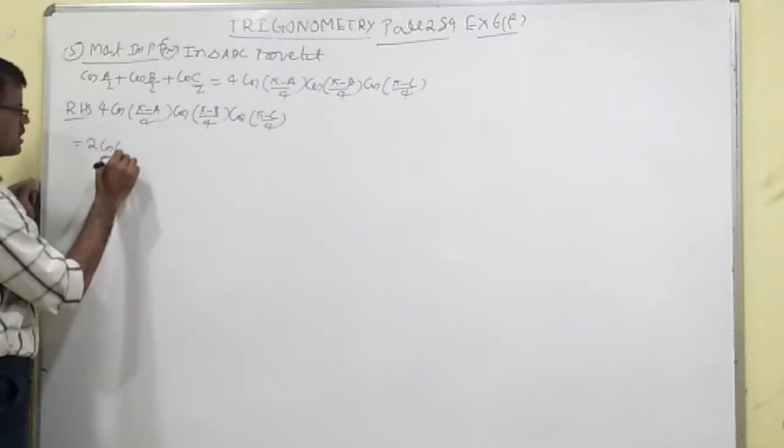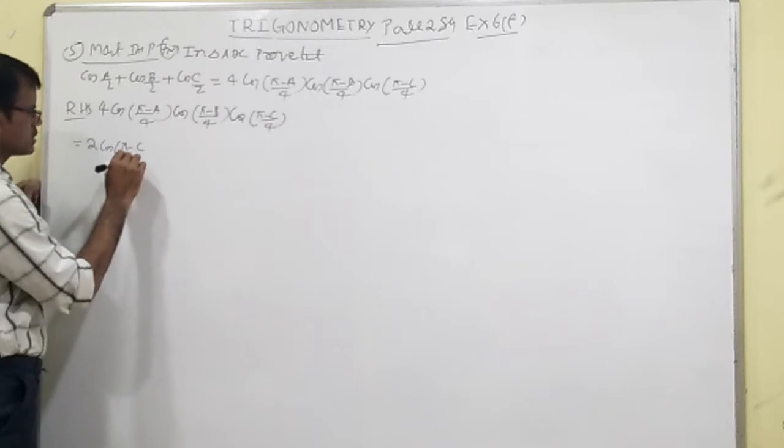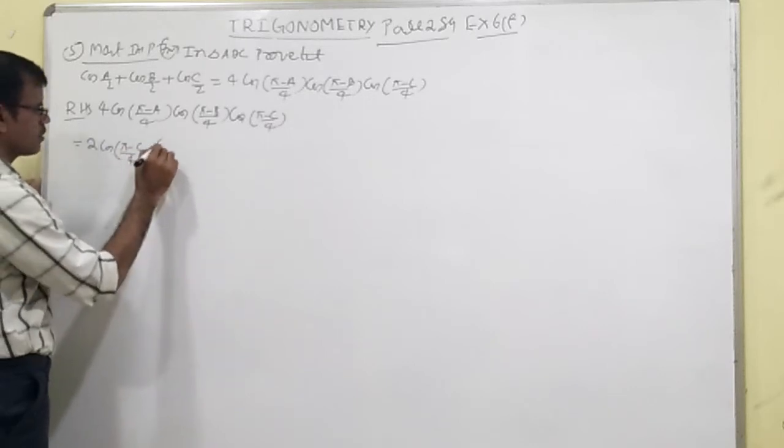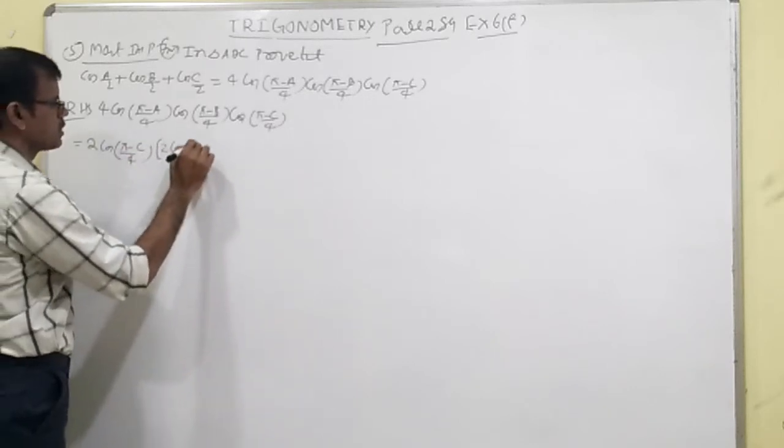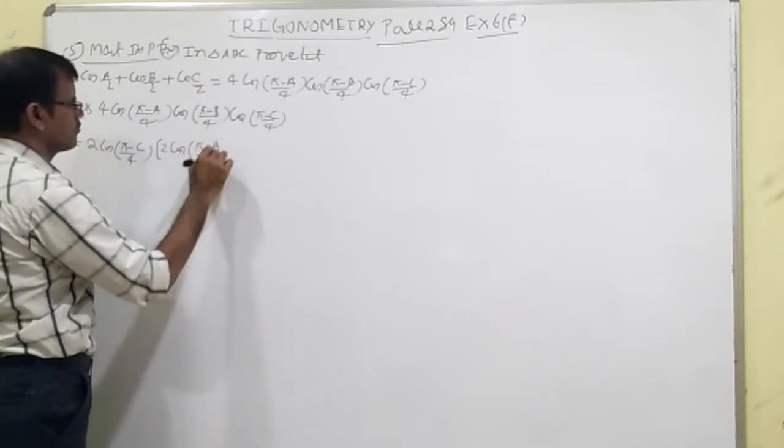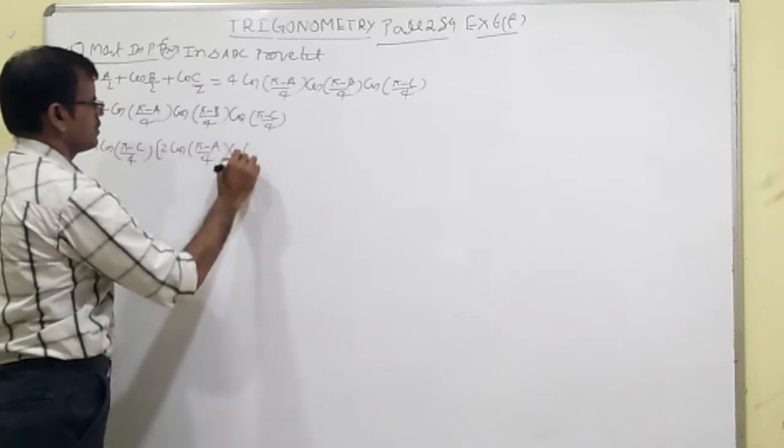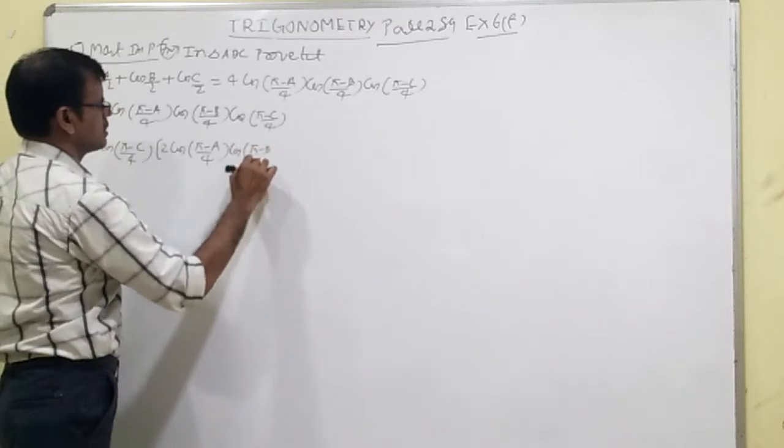This can be understood as 2 cos of (pi minus C) by 4 into 2 cos of (pi minus A) by 4 into cos of (pi minus B) by 4.